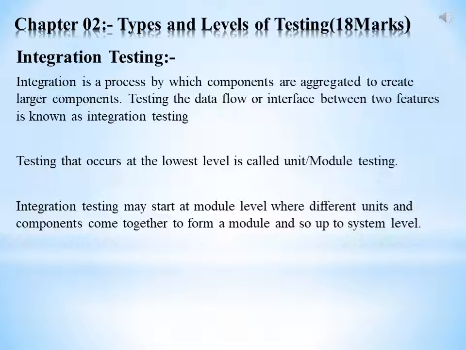The testing that occurs at the lowest level is called unit or module testing. Integration testing may start at the module level, where different units and components come together to form a module, and so up to a system level.